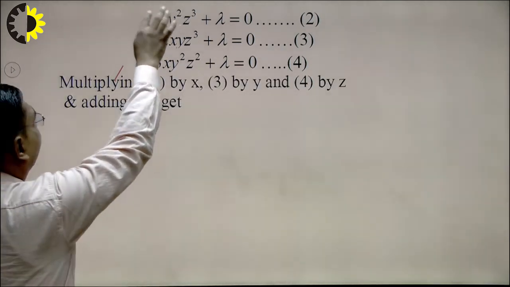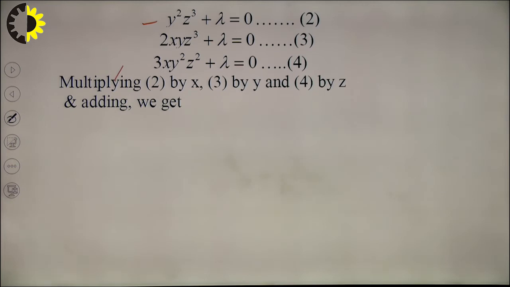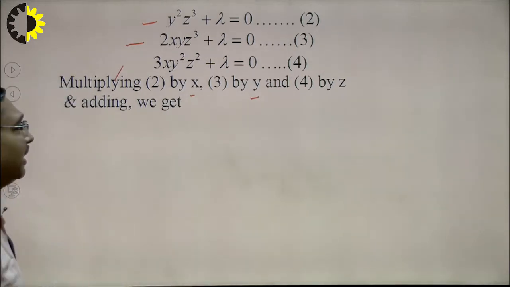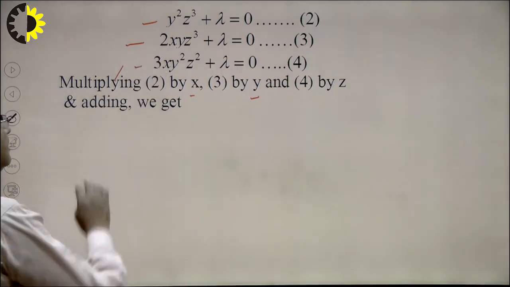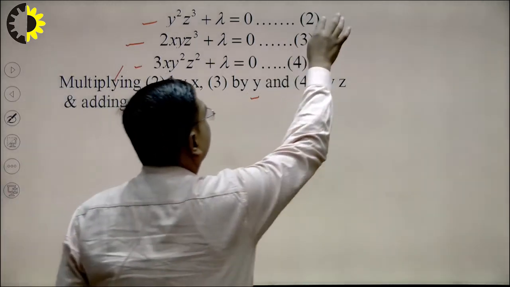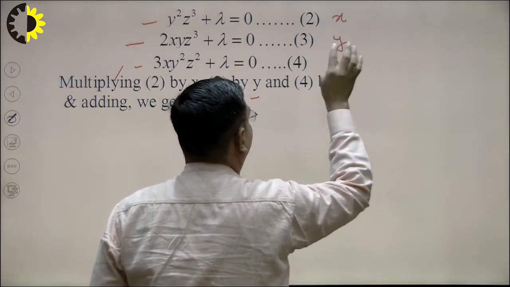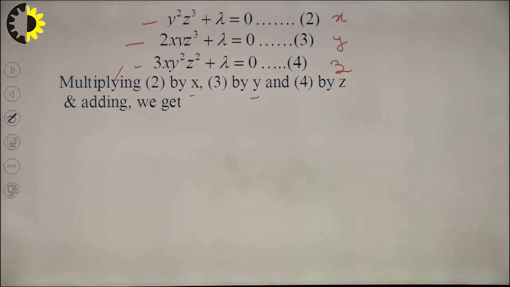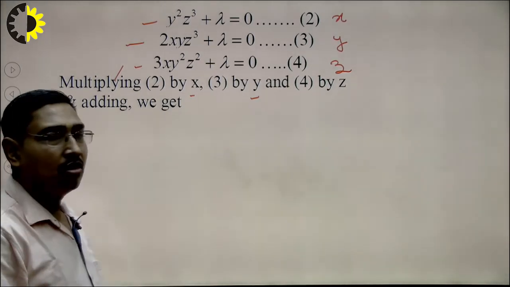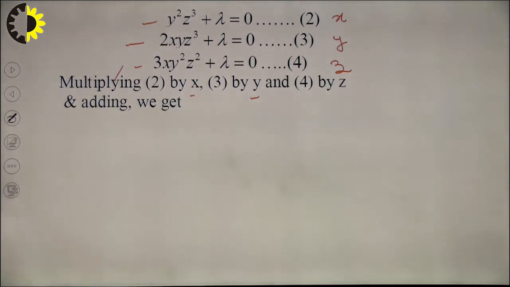I multiply the first equation by x, the second equation by y and the third equation by z, and we are adding all of these resulting equations.